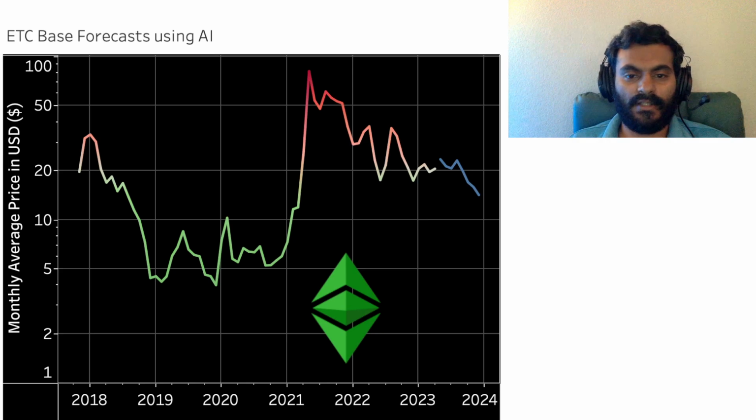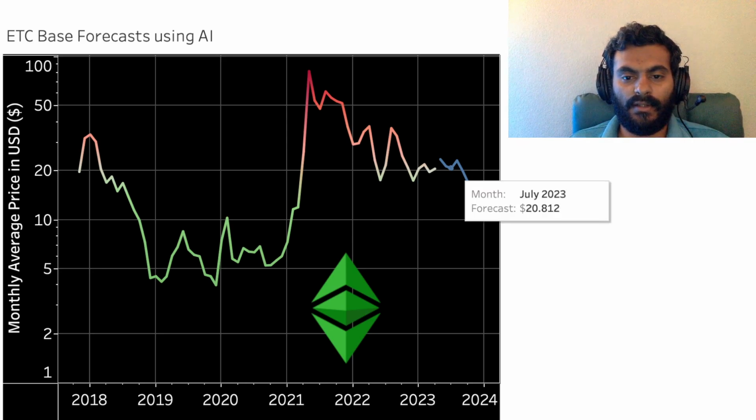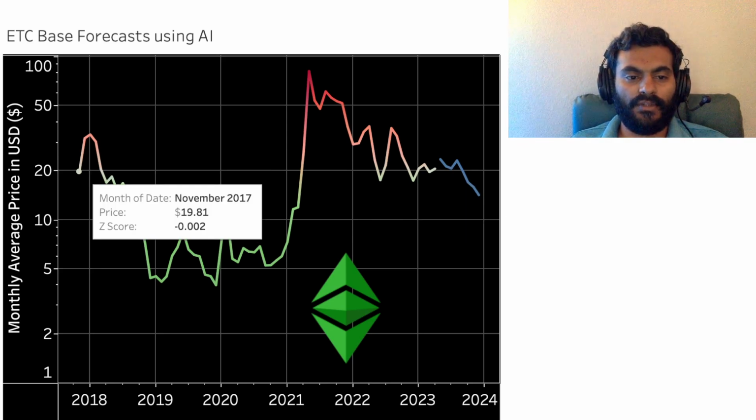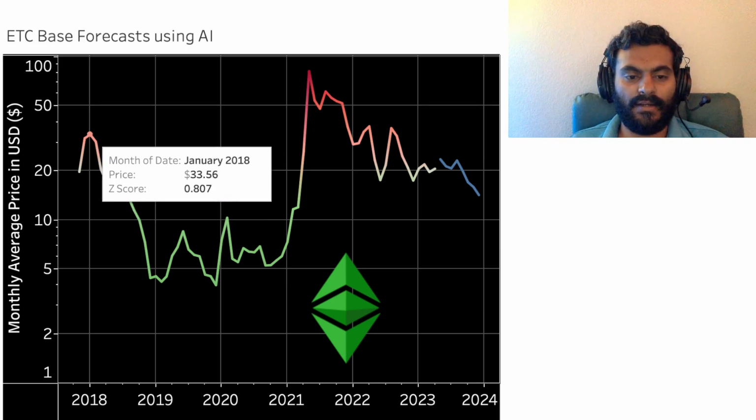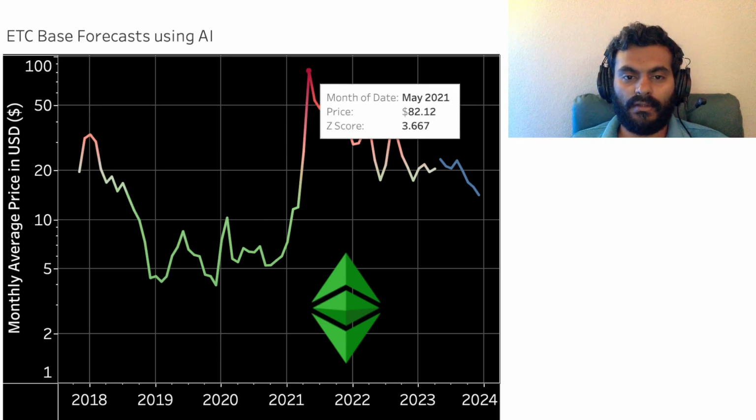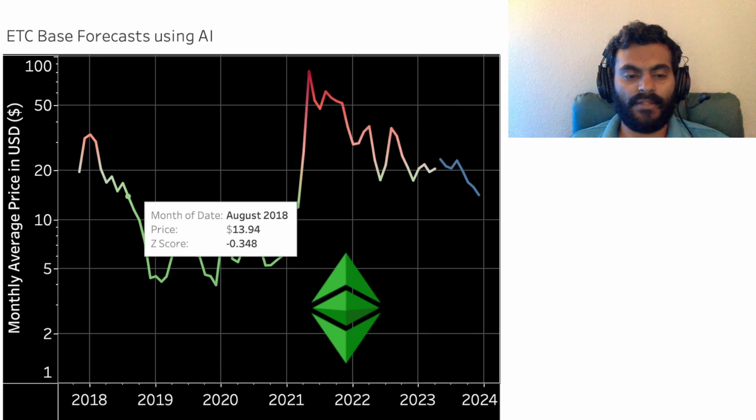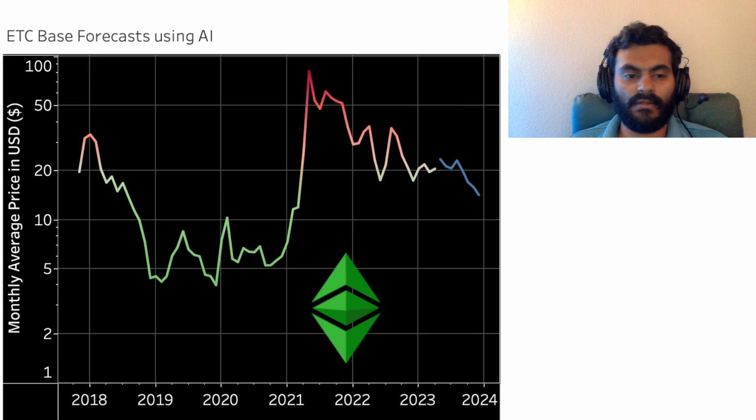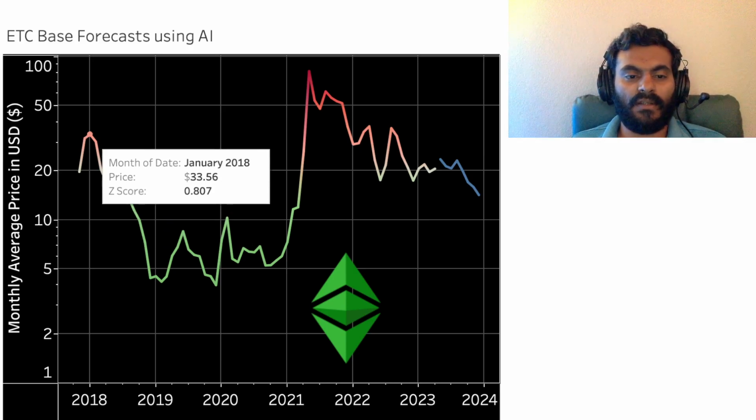As you can see on the screen, the chart is the AI's base forecast for the ETC token, and the color codes, which range from slightly red to green and back to deep red, are based on the historical z-score of the ETC token. By z-score I mean, for example, in the month of January 2018, the average price for the ETC token was $33, which was about 0.8 standard deviation away from the mean.